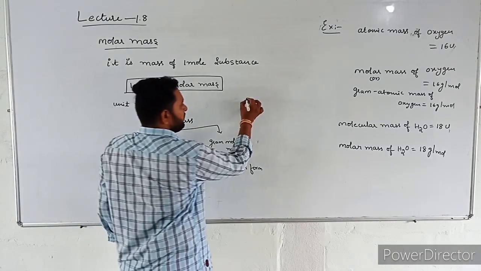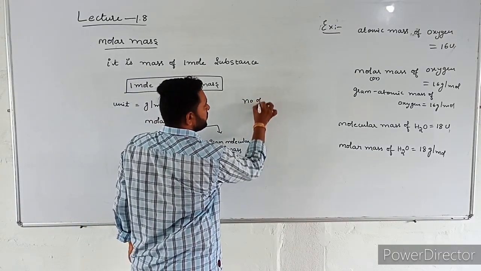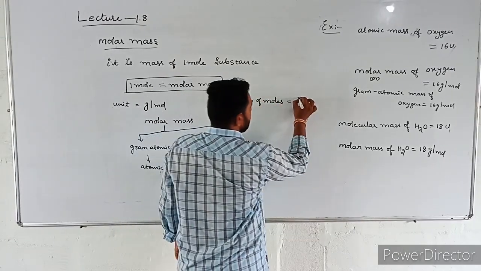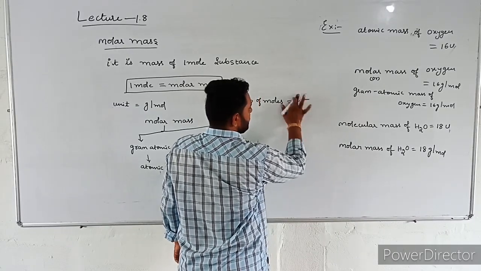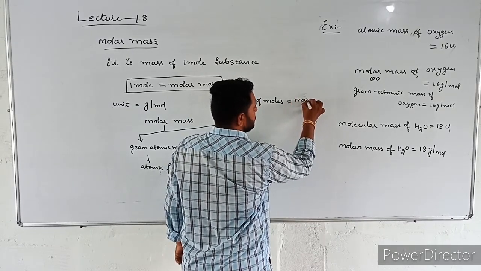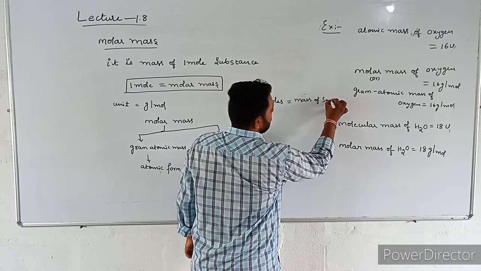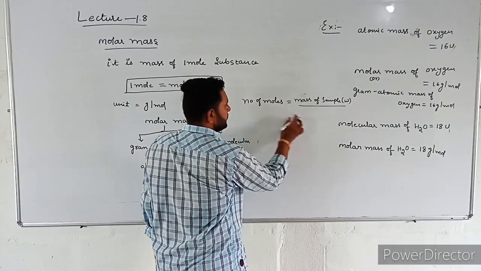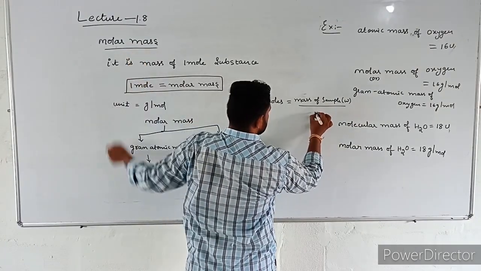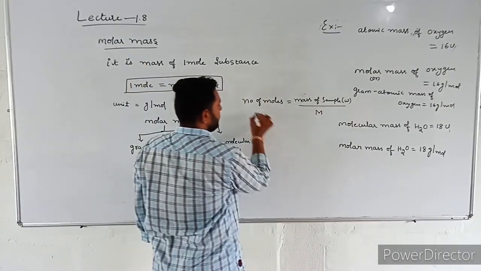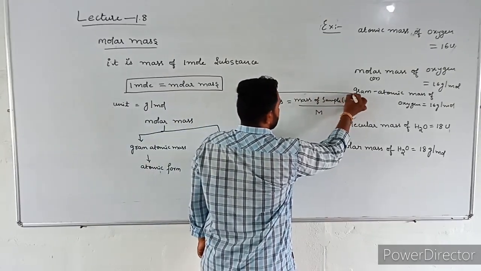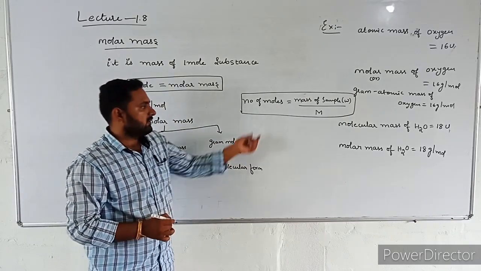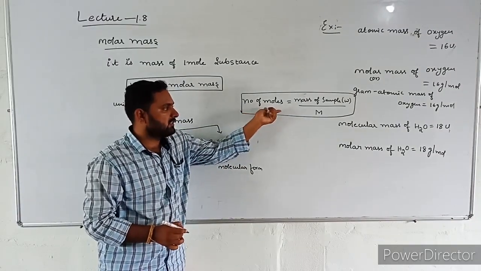To calculate the number of moles, we use this formula. Number of moles is equal to mass of sample, denoted by capital W, divided by molar mass, denoted by capital M. In the question, if the mass of the sample is given, then to calculate the number of moles we use this formula.